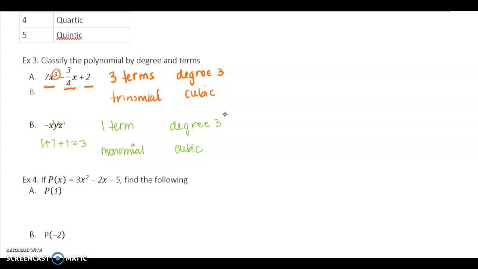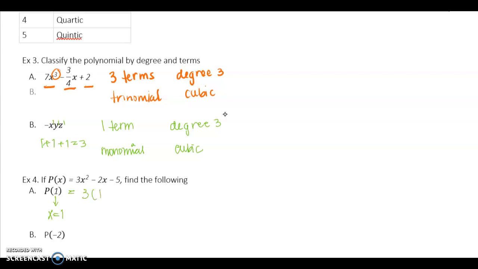All right, next we're going to go ahead and evaluate. Example number 4 says, if p of x is equal to 3x squared minus 2x minus 5, find the following. P of 1. So what this means is for every x value, you're going to plug in a 1.